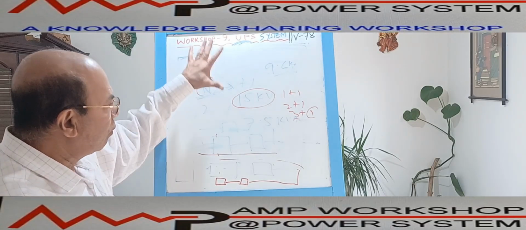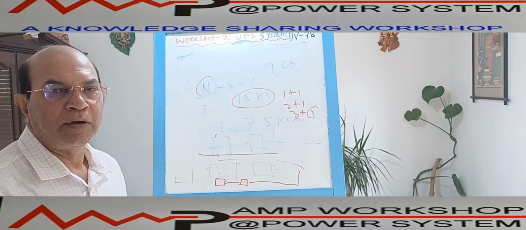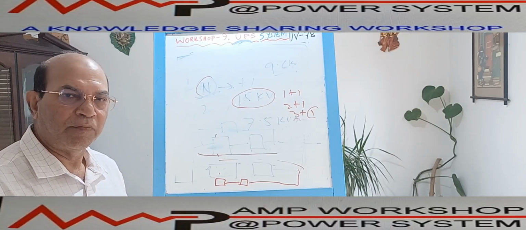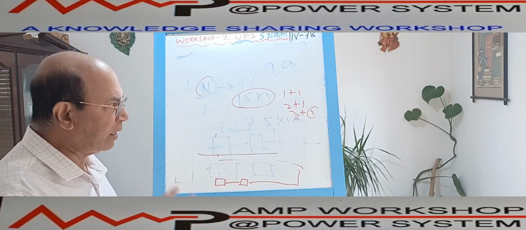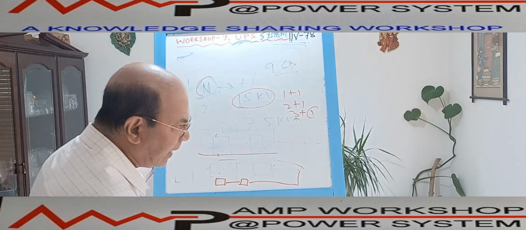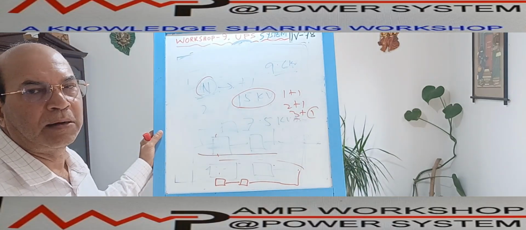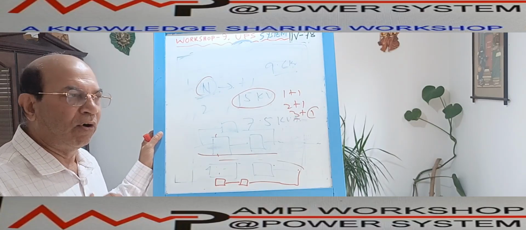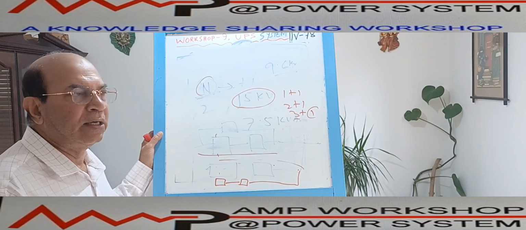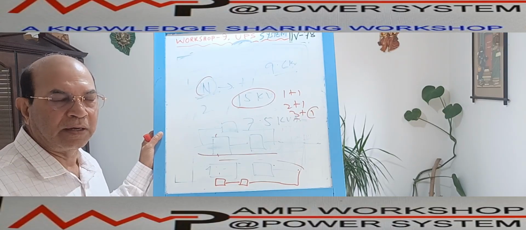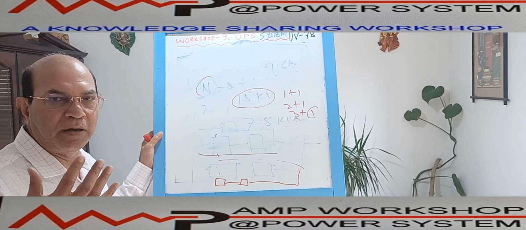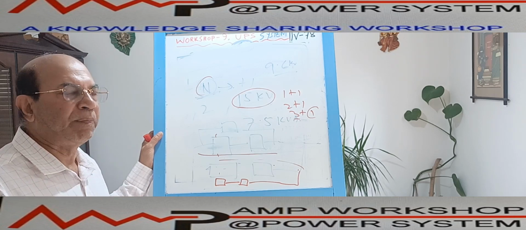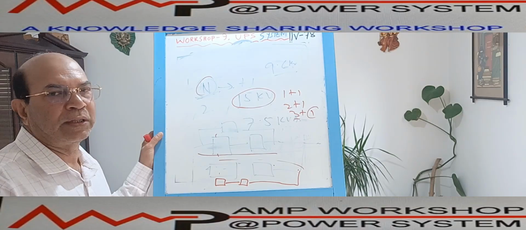So this way we will decide the UPS total capacity for any plant. Okay, that is the first part of this. Now in the next video we will discuss the battery sizing, how we do the battery sizing. Once the battery sizing is decided, then we go for the cable sizing. For cable sizing, I recommend all of you to refer to my video on cable sizing.